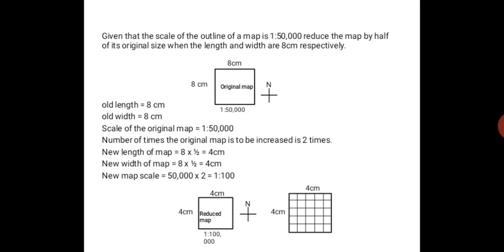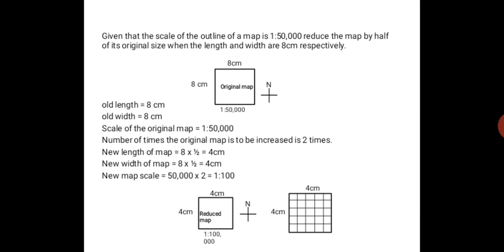That is, for every 1 centimeter on paper represents 100,000 centimeters on ground. Is that understood? So the new box we are going to have will be 4 cm by 4 cm respectively.